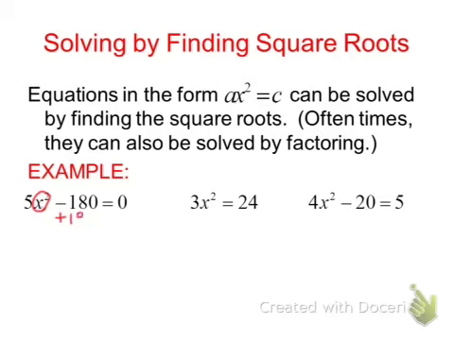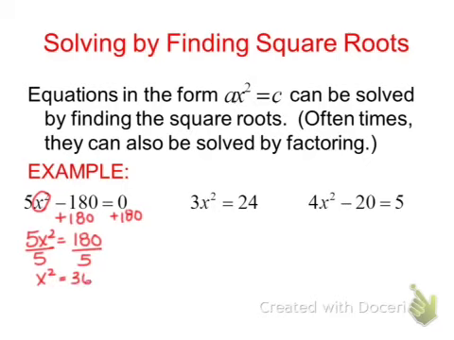So to do that, I start by adding 180 to each side. And when I add 180 to each side, since that side is 0, I get 5x squared equals 180. My next step is to divide by 5. And I will get x squared equals 36.